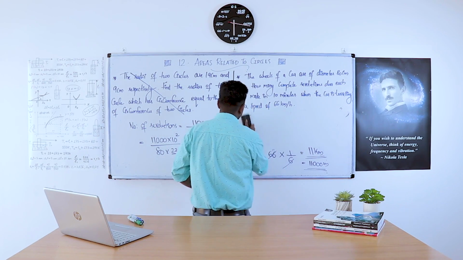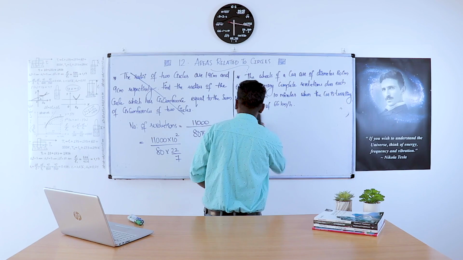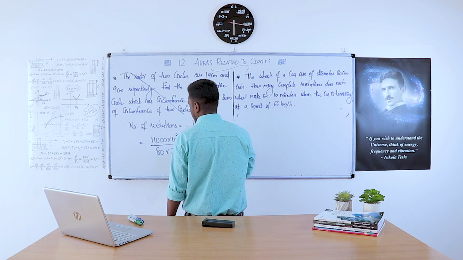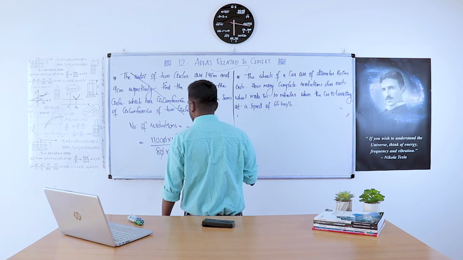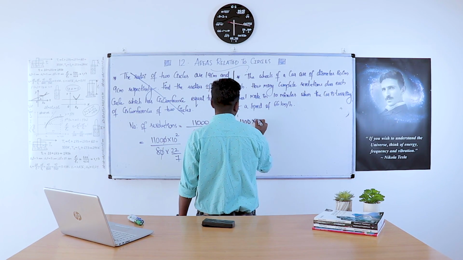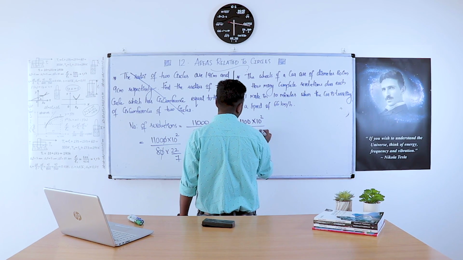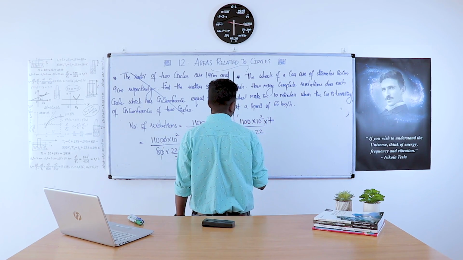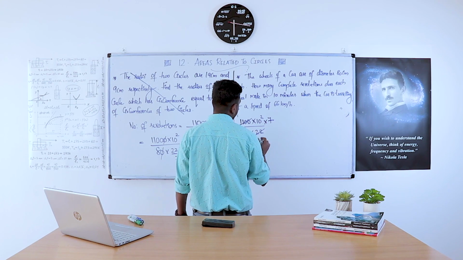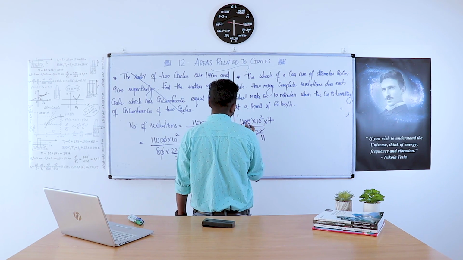One 0 can be cancelled. Then 1100 into 10 square divided by 8 into 22 by 7. This 7 goes to the numerator. So 1100 and 22 can be cancelled. It becomes 11.